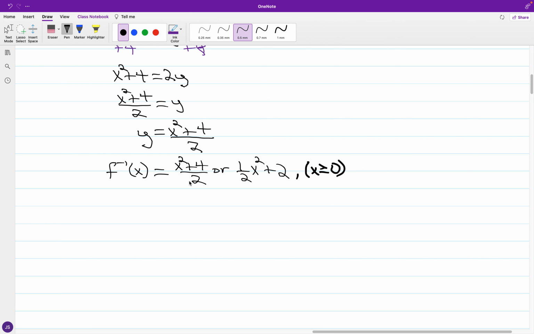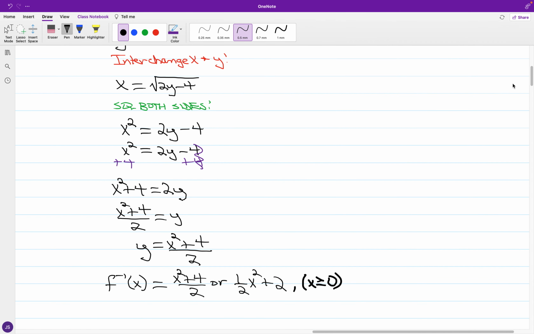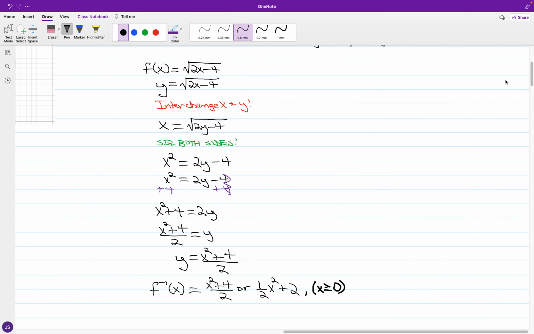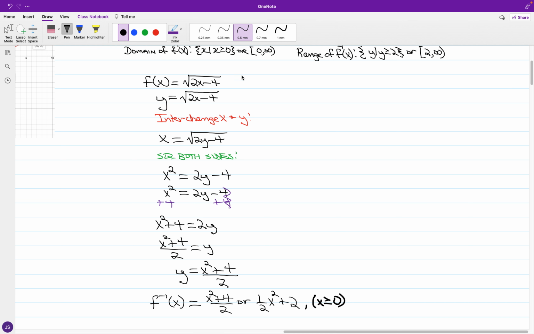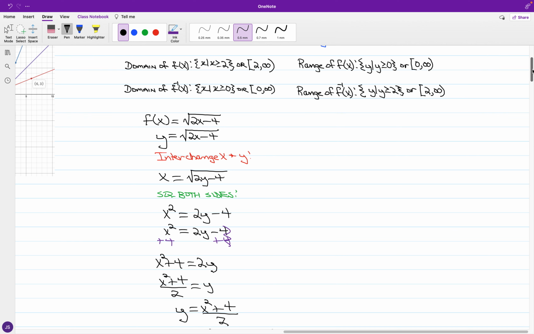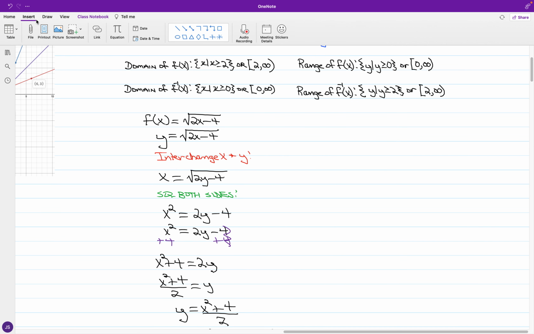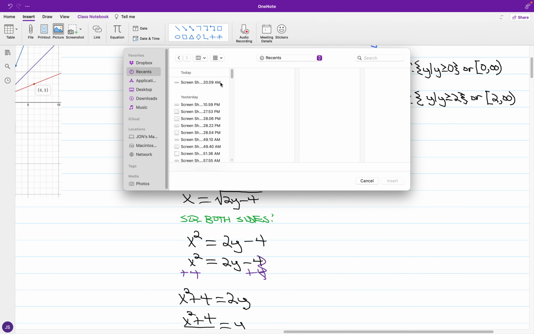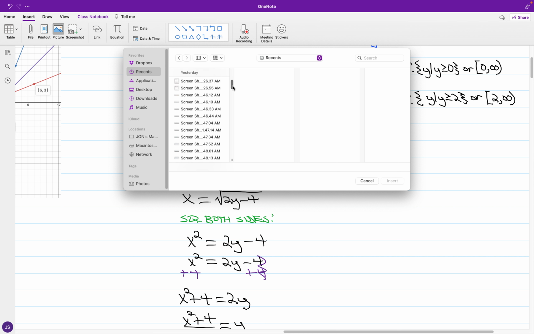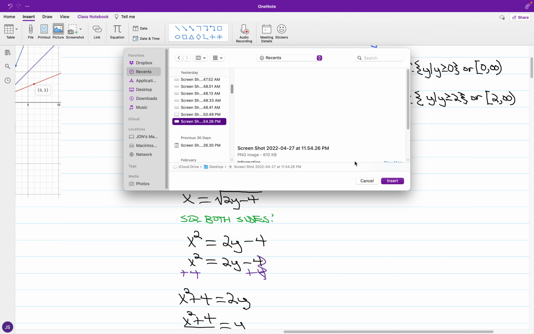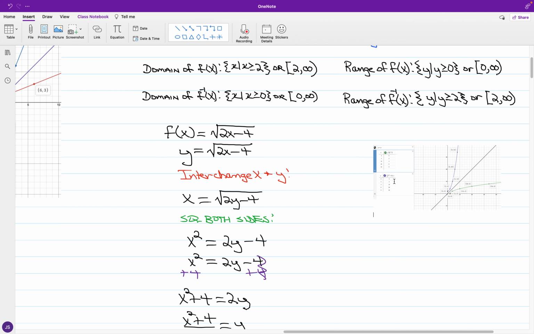So we're looking at the right half of the graph of this overall function for this to be one-to-one, and also to be the inverse of the given radical function we had for f of x equals the square root of 2x minus 4. And looking at what we have, once again we have the graphs.